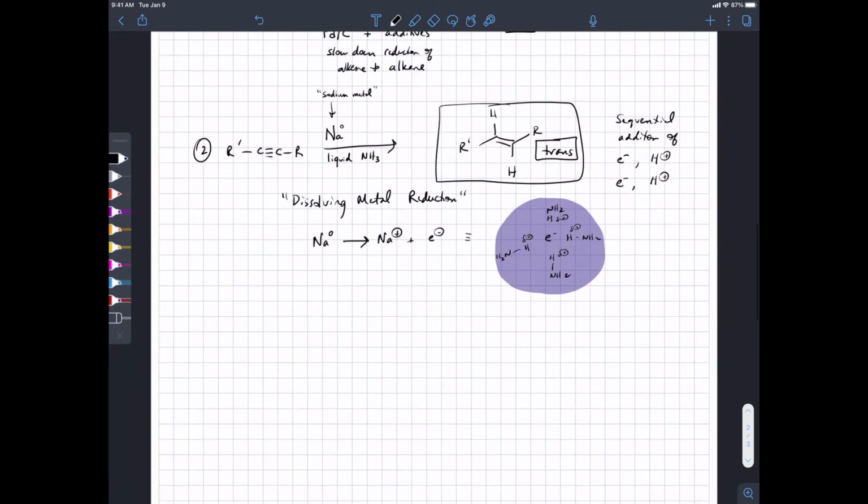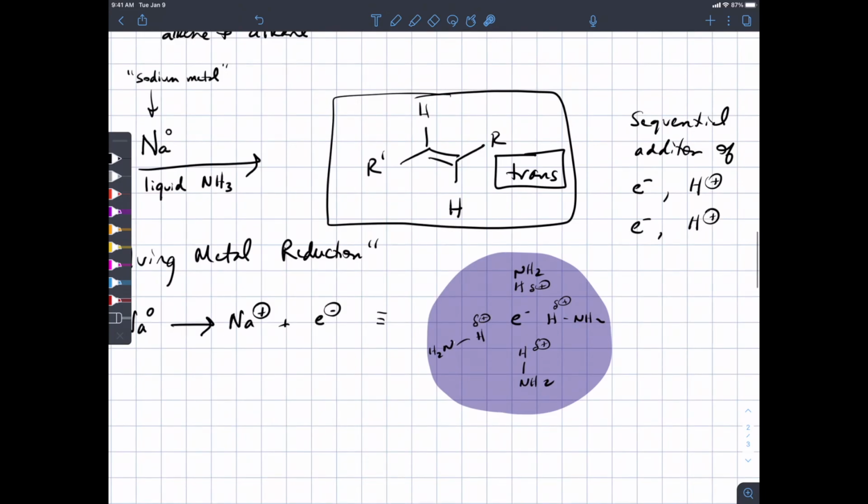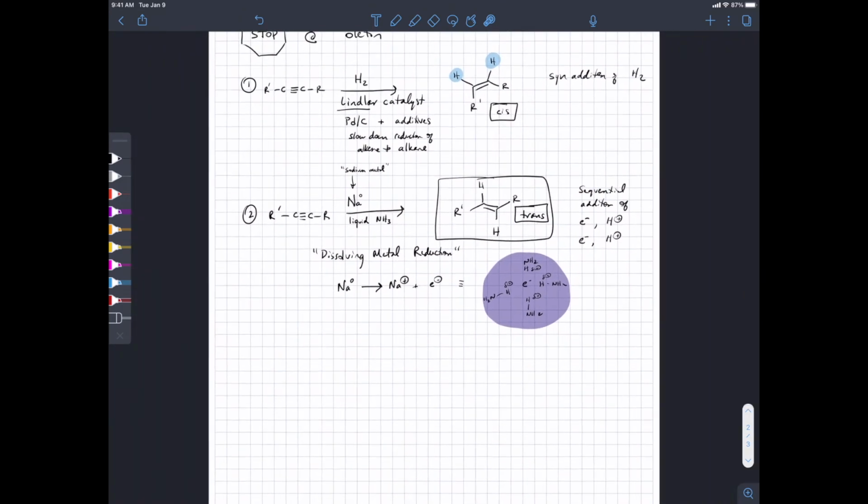Suppose we can now use these reactions in tandem with some others to really test your understanding of stereochemistry. So one of the questions could be, if I start with this alkyne and I do the dissolving metal reduction of the alkyne to give me the trans alkene, and then I do bromination of that trans alkene, what is my product?